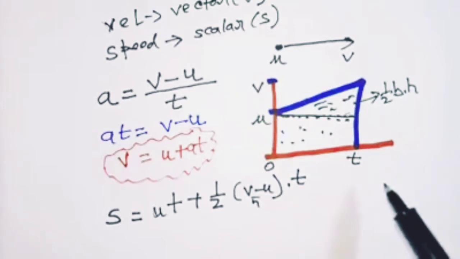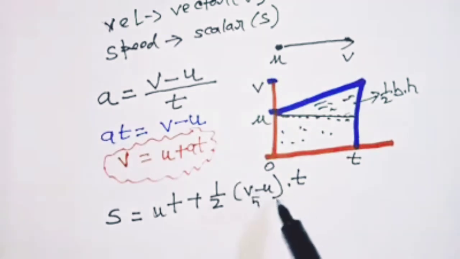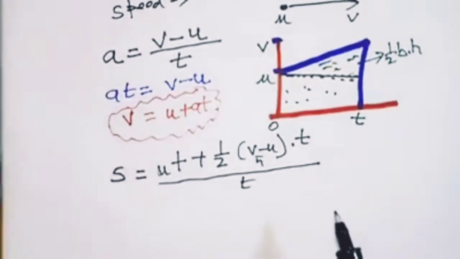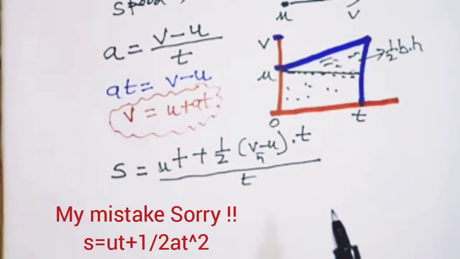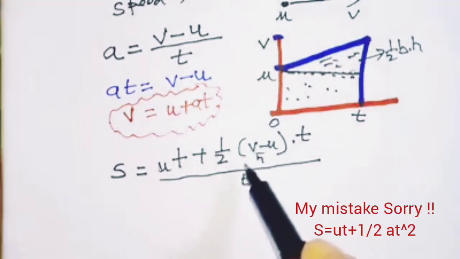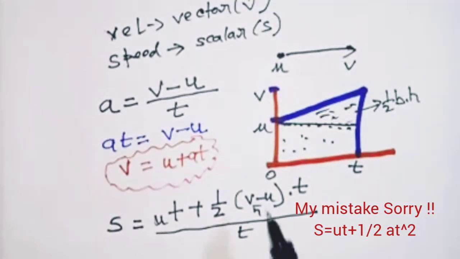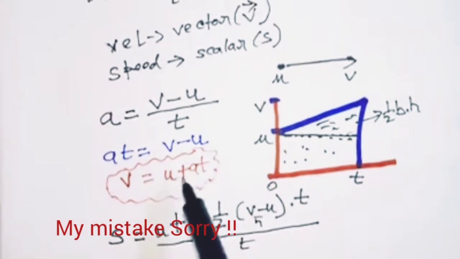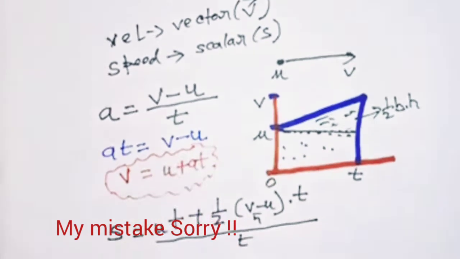So we get half V minus U divided by t. This is the height, this is the base, whole divided by time, right? Now you see, we already know that V minus U is AT.